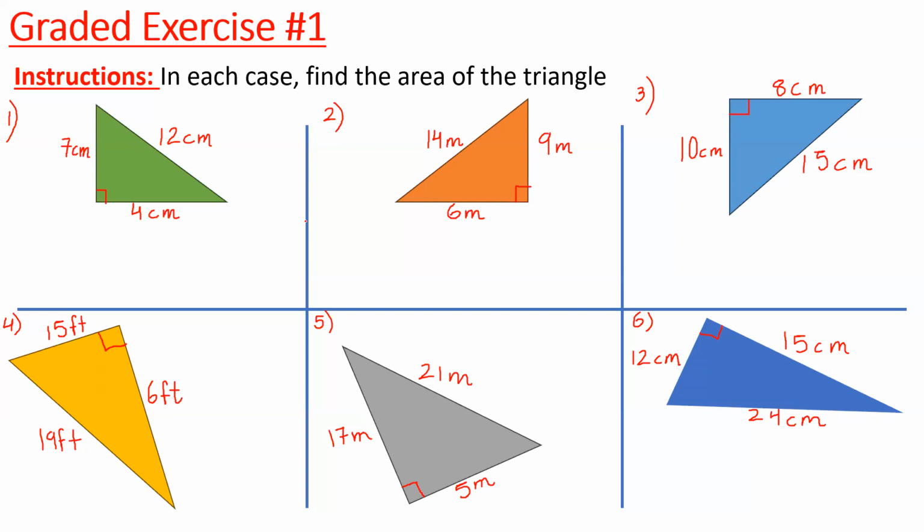Okay. And China, what number you want? Number 5. And Joseph, what number you want? All right, number 3. Do you understand what to do?